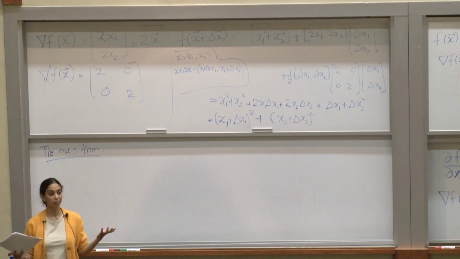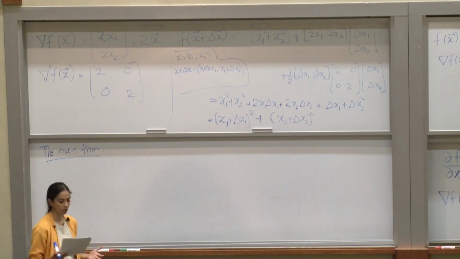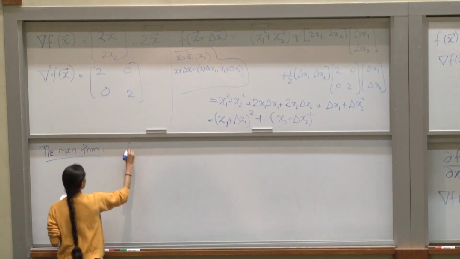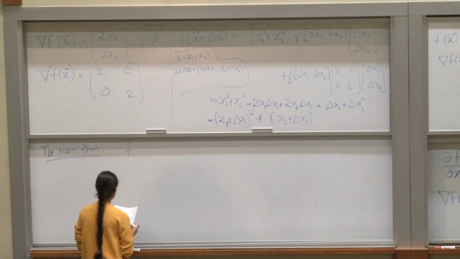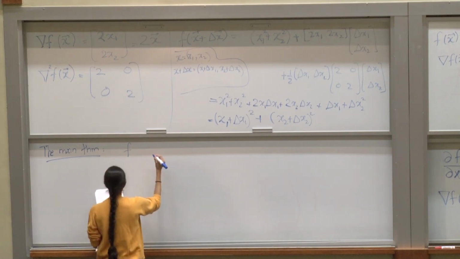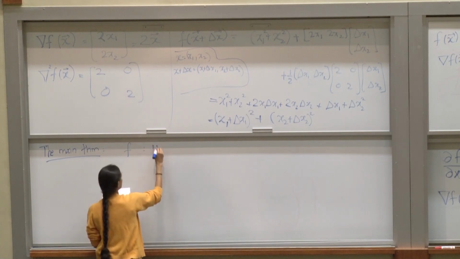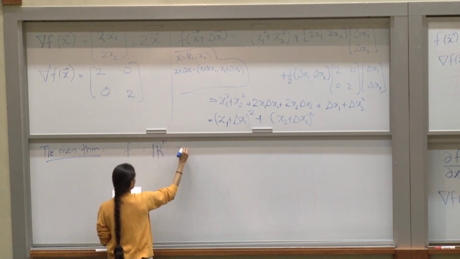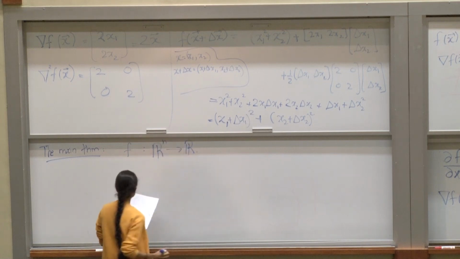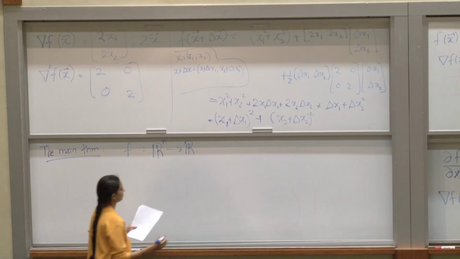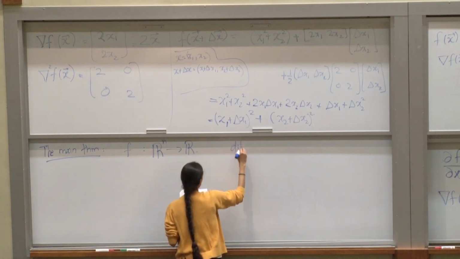And you've all probably seen this, right? If I have some general function f, and let's say it's some function from Rn to R, and let's say it's differentiable everywhere.